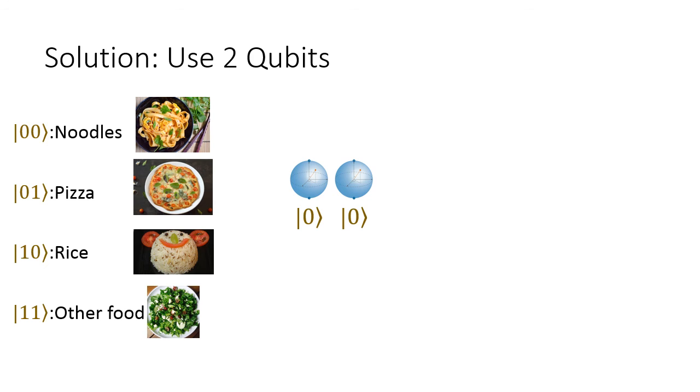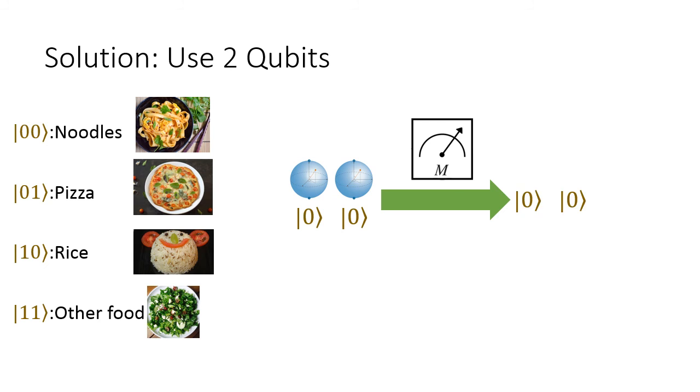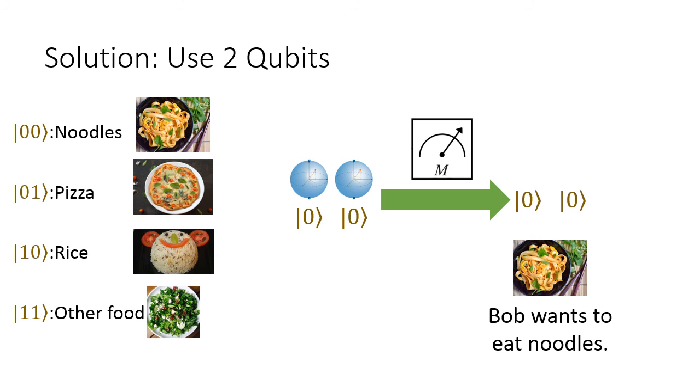Suppose Bob wants to eat noodles today. He sets the qubits to 00, and Alice measures it, and then we obtain the state 00, so that she will know that Bob wants to eat noodles today.